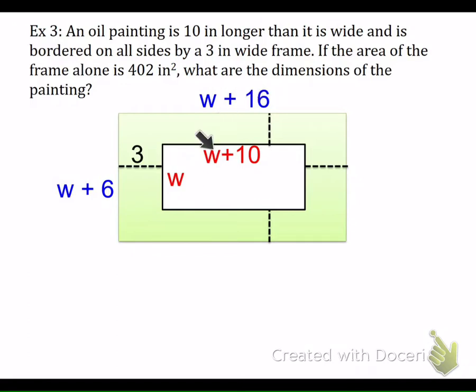Up here, W plus 10 plus 3 plus 3 is W plus 16. And then just like previously, we're going to write an equation in terms of area. If I take the area of this rectangle and add the area of the green part, that would give me the area of the whole thing.